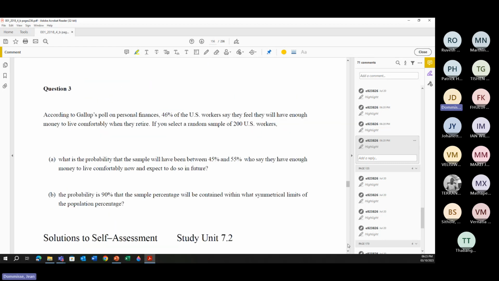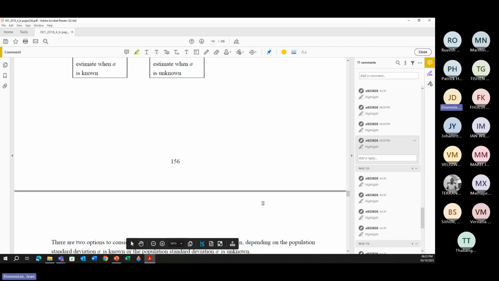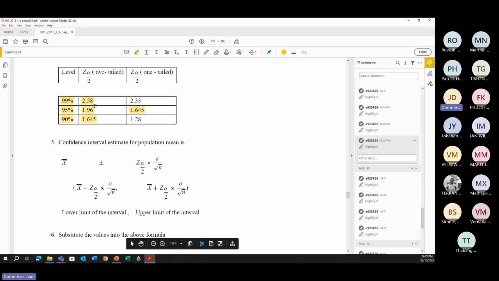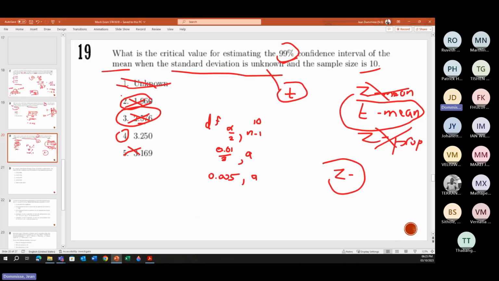So remember 99%. Let's get to that table. And that is the scary thing, 99% two-tail 2.58. And there was your answer, option 2, 2.58. Okay, so if standard deviation was known, we would have gone Z, and then option 3 would have been your option.